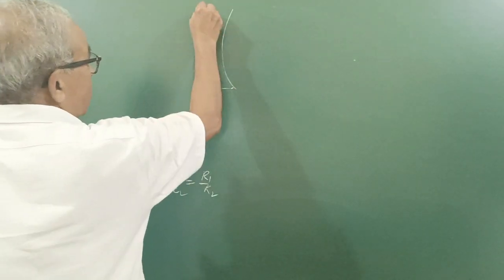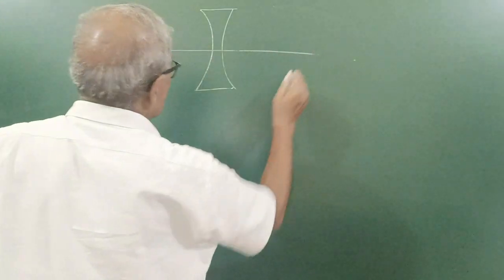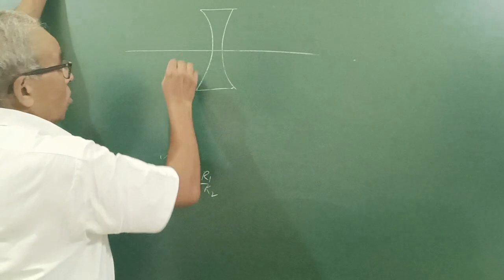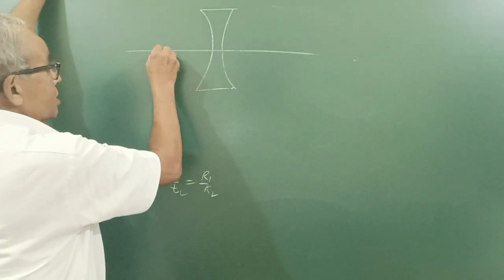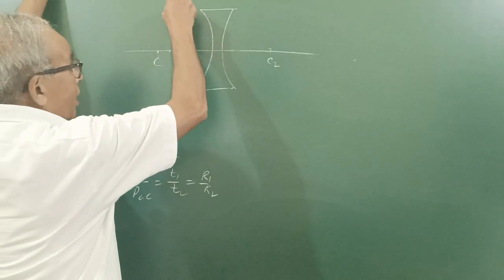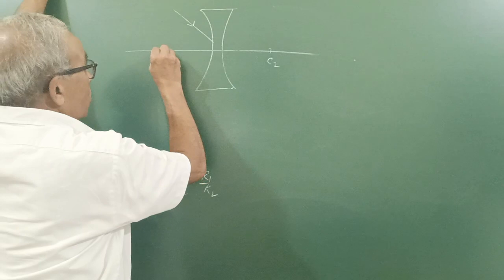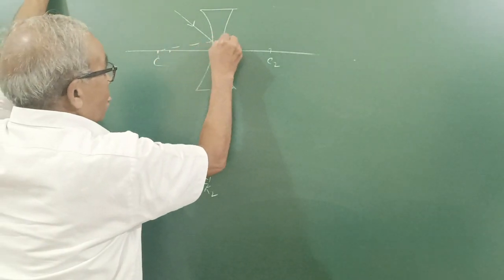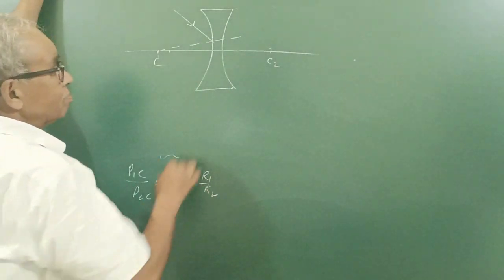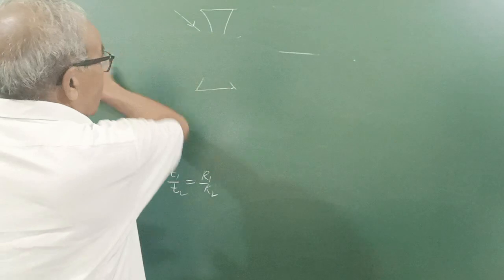C1 on this side, C2 on this side. A light ray falls here like this. Now the normal will be here, so it will bend toward the normal. It may go like this. Take a minute, sorry.